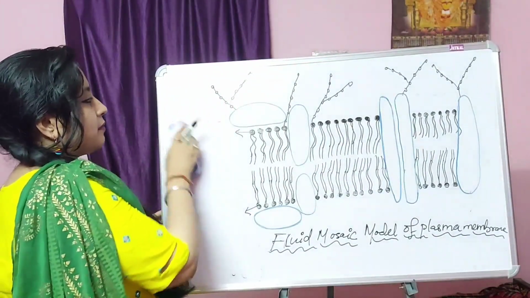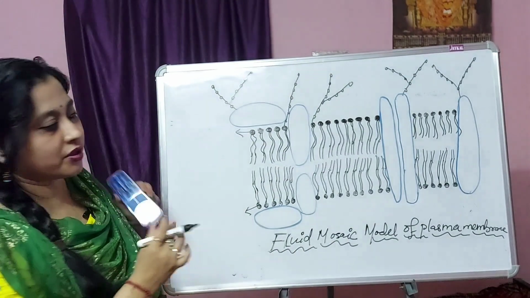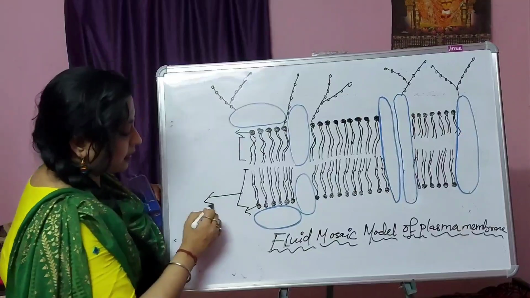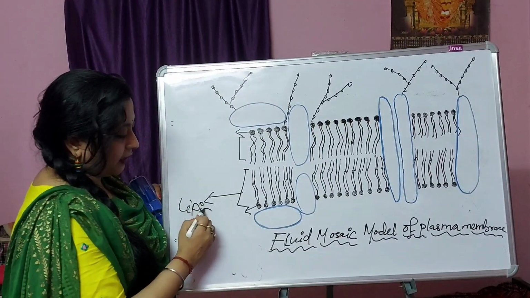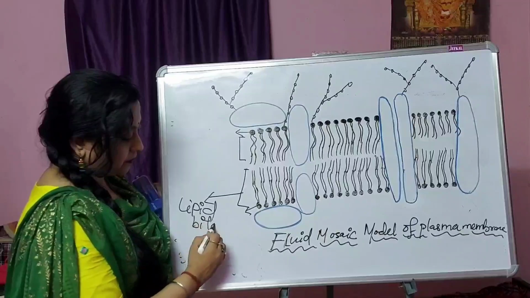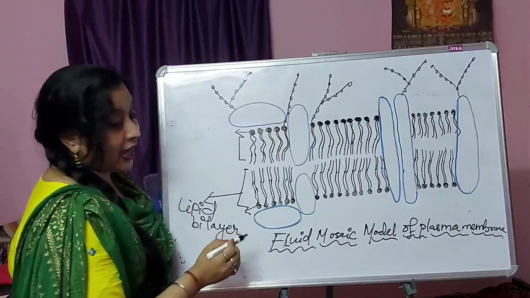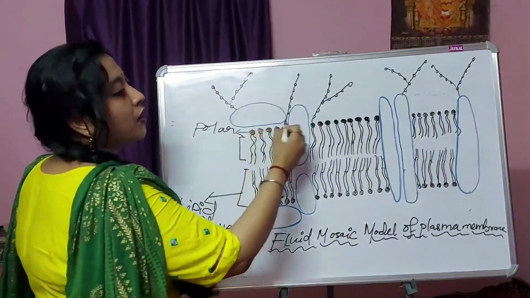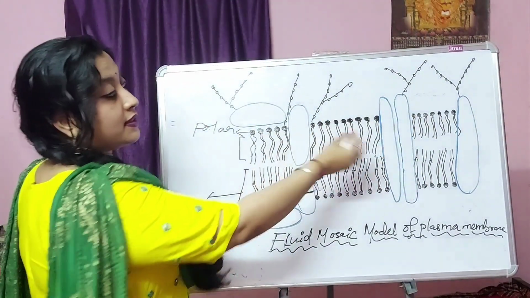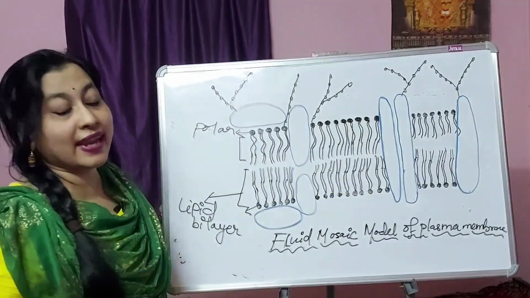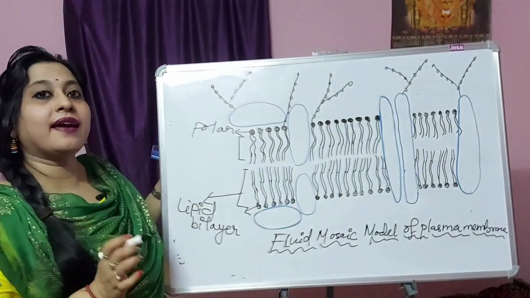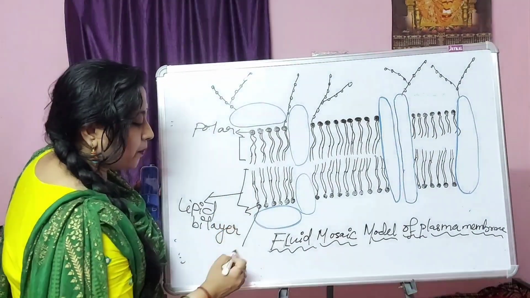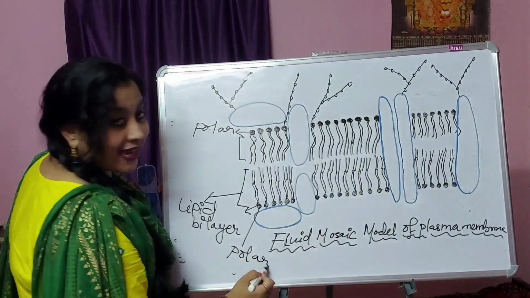So first, I am going to explain how lipids are arranged. Lipids are arranged in bilayer form like this. These are the lipid bilayer, having the polar head. All this dotted structure, these are called polar heads. Polar heads are hydrophilic. This one is also a polar head, which is present toward the outside.